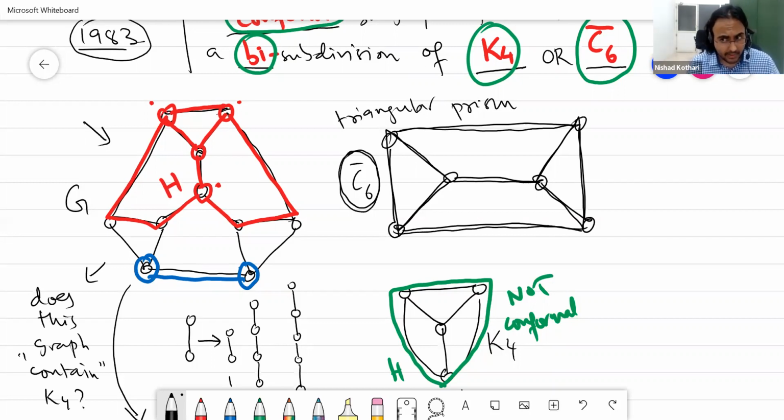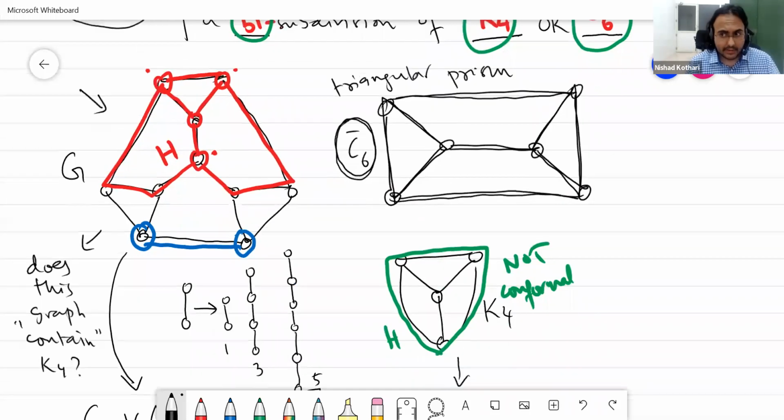Can you see a subgraph in this graph that is a conformal subgraph and is a bisubdivision of K4 or of the triangular prism? Anyone?